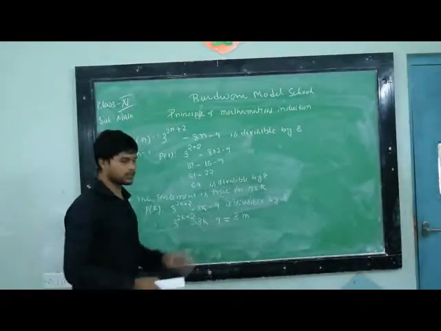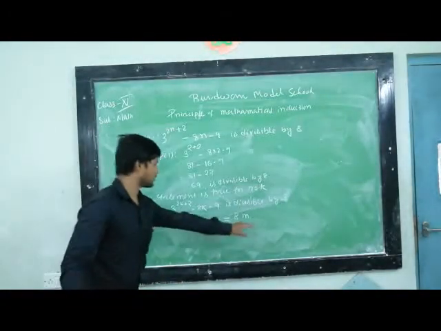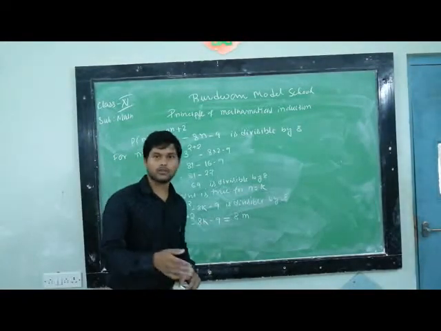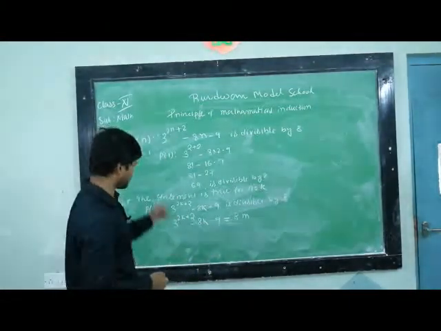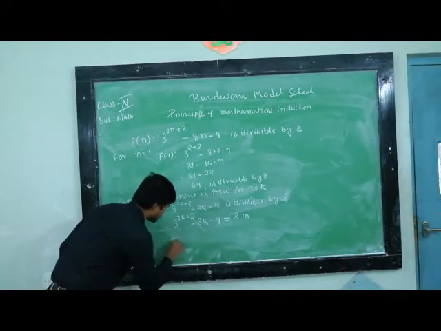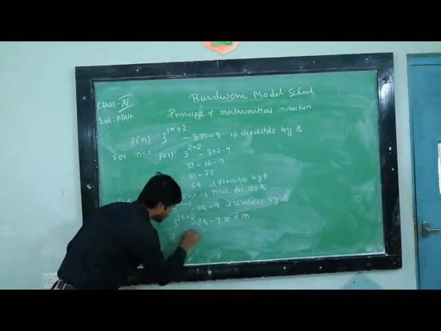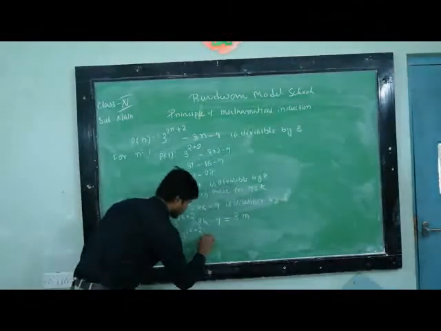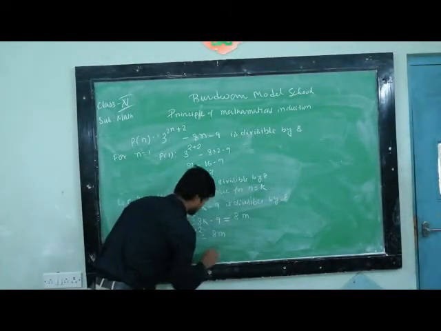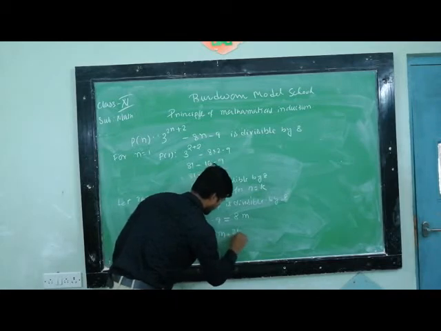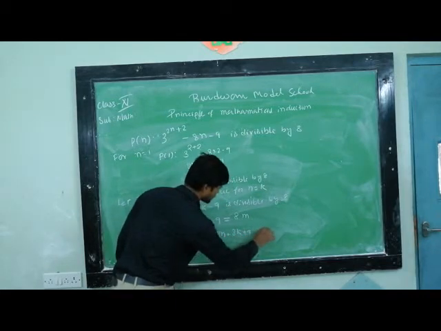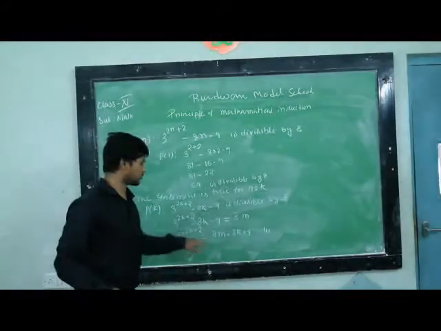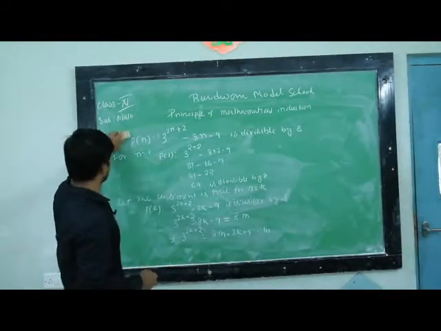Now with the help of this condition, we'll prove that the statement is also true for n equal to k plus 1. But from here, calculate the value of 3 to the power 2k plus 2, which will be equal to 8m plus 8k plus 9. This is equation number 1. We'll use this condition later on.